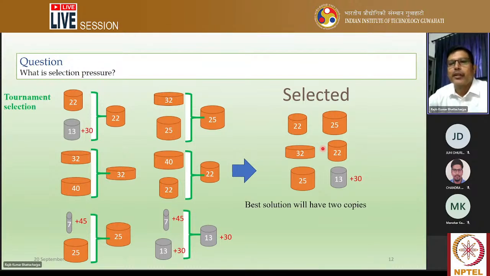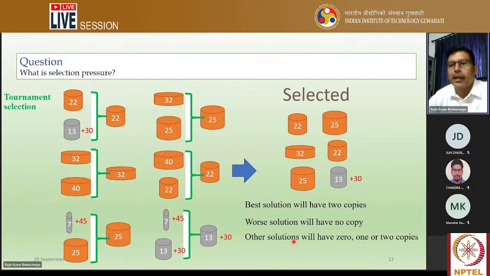Here, the best solution will have 2 copies, the worst solution will have no copies, and the other solutions will have 0, 1 or 2 copies. But if you increase the tournament size from 2 to 3, the best solution will have 3 copies. Similarly, if you increase it to 4, the best solution will have 4 copies.